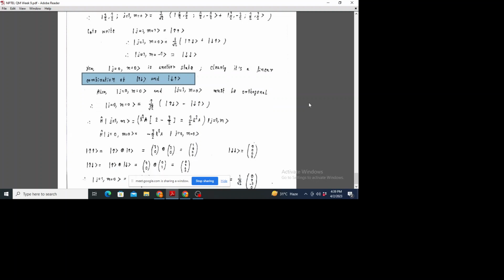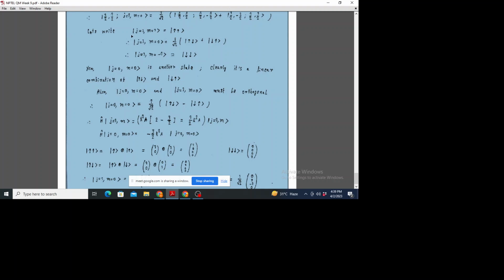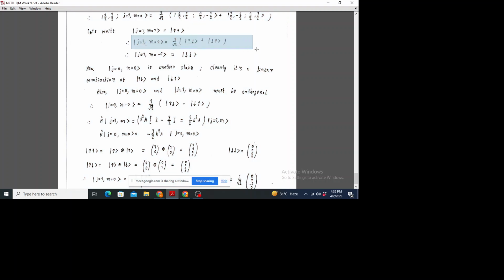Moreover, the J equal to 0, M equal to 0 state has to be orthogonal to the J equal to 1, M equal to 0 state. So we can readily find such a linear combination.